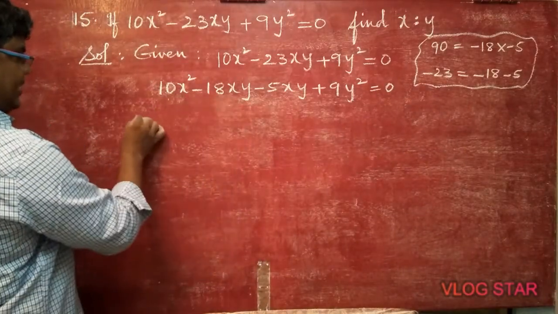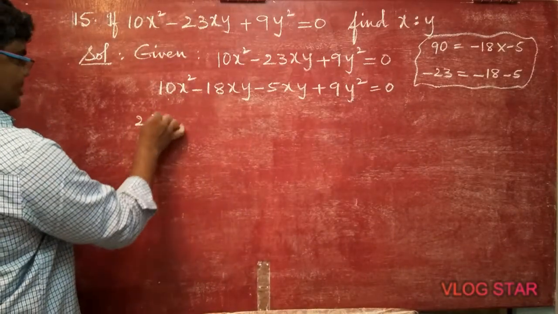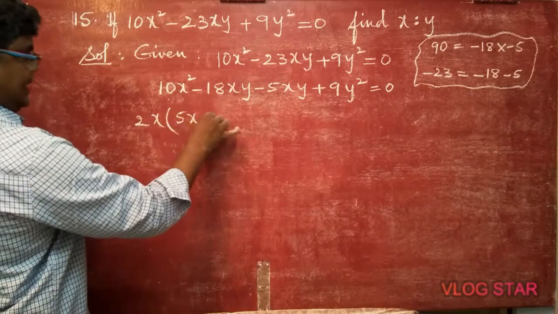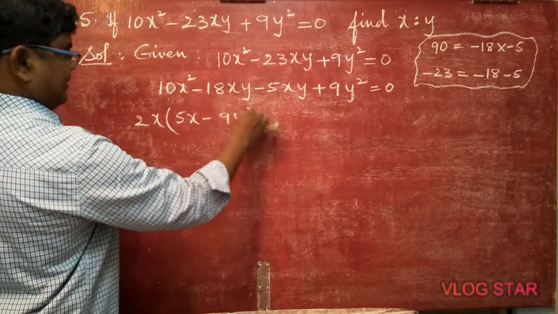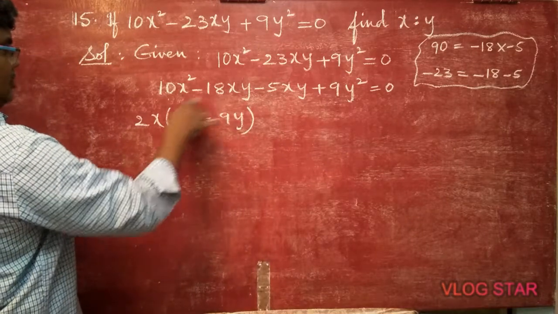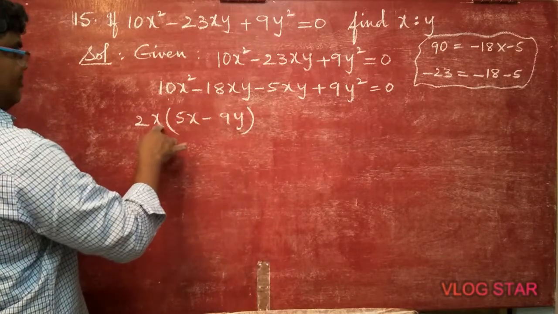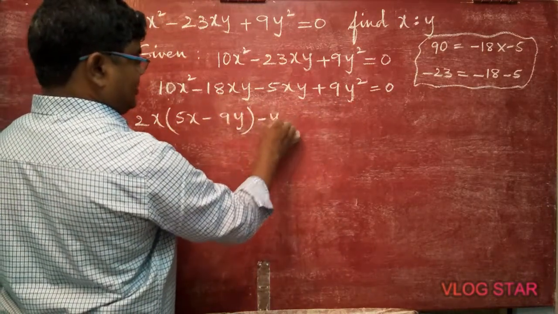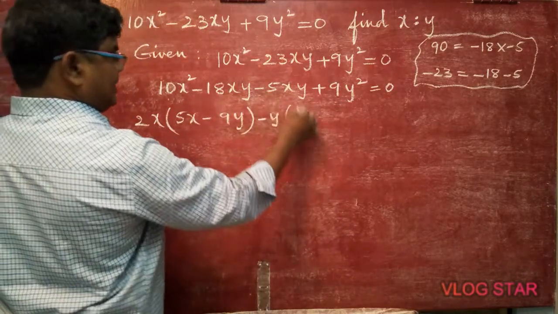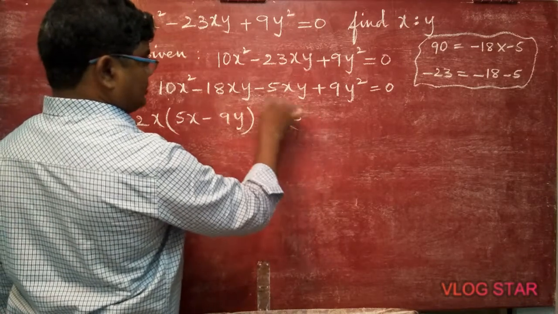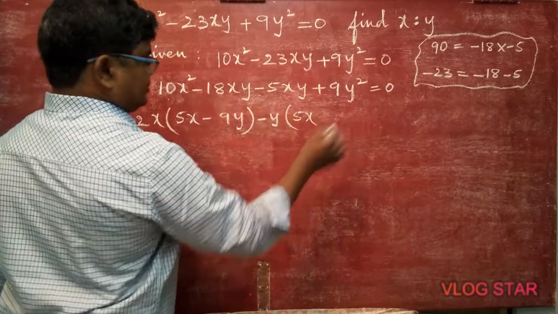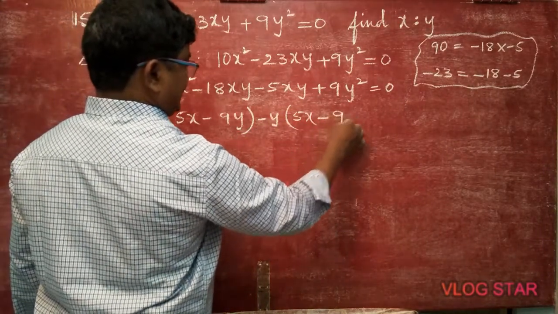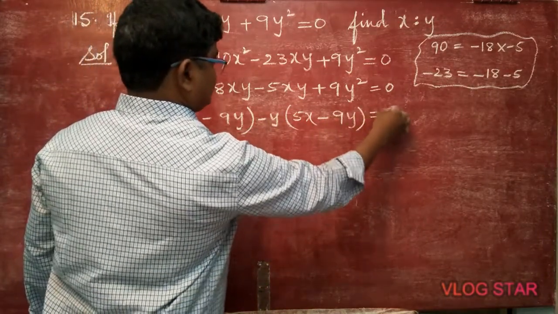From the first two you can take 2 common and 1 x also you can take common. So 2x (5x minus 9y), because 2 goes in 18 9 times and 1 x came outside, so y is remaining. Here only minus y you can take common. What is remaining? Opposite sign: minus becomes plus, plus becomes minus, 9y is equal to 0.